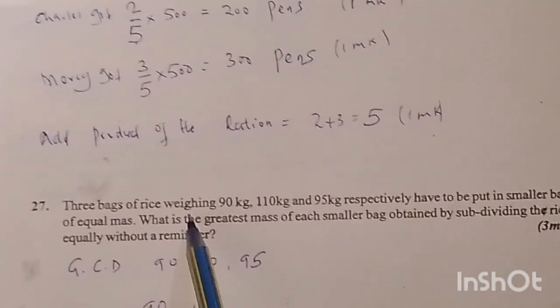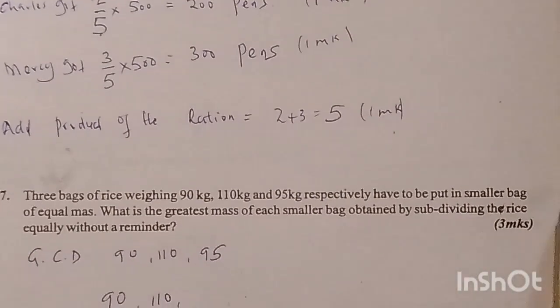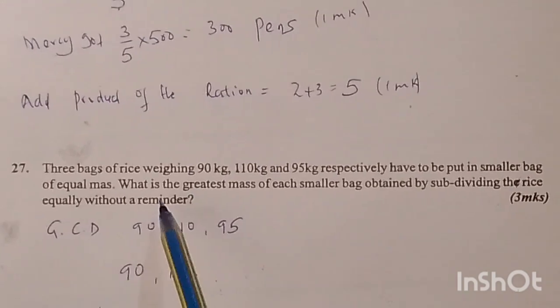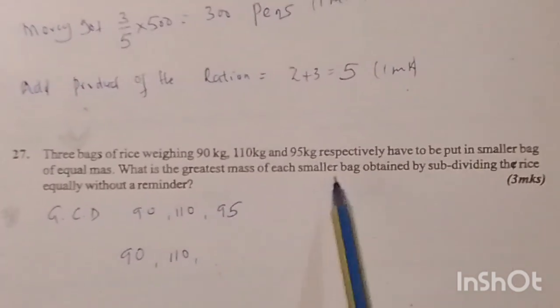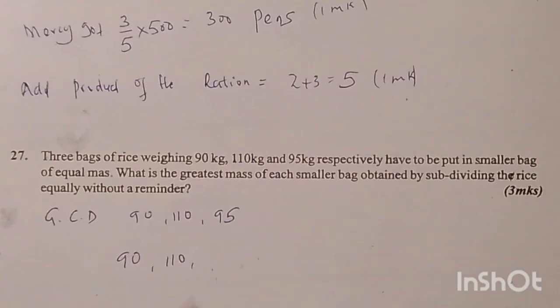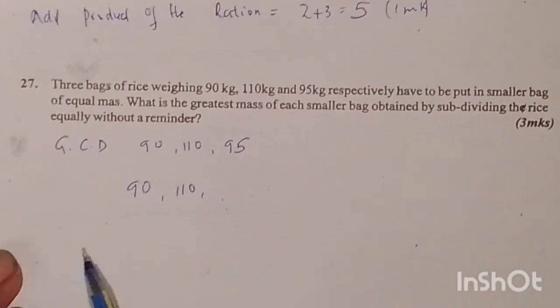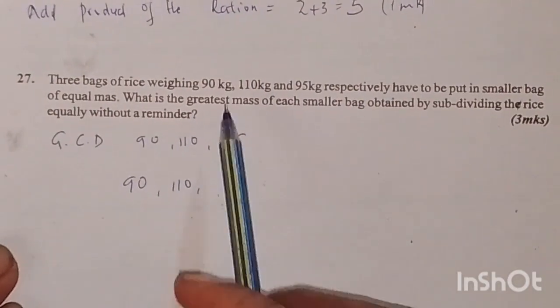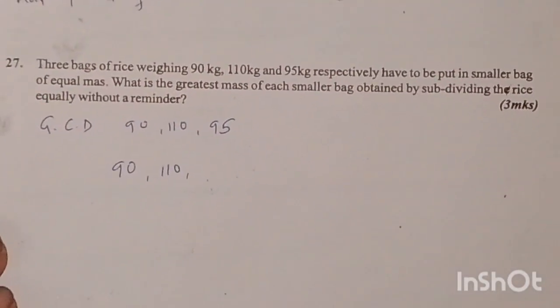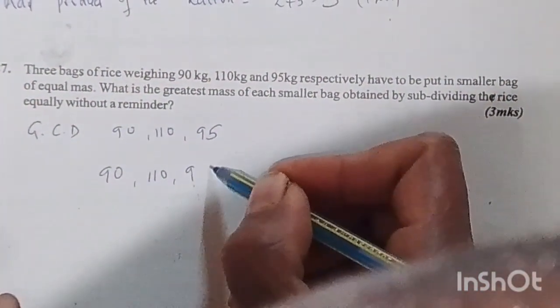Question number 27. 3 bags of rice weighing 90 kilograms, 110 kilograms, and 95 kilograms respectively have to be put in smaller bags of equal mass. What is the greatest mass of each smaller bag obtained by subdividing the rice equally without a remainder? To answer this question, we need to find the GCD, or greatest common divisor, of 90, 110, and 95.